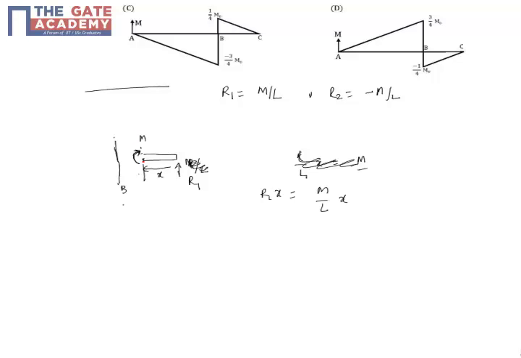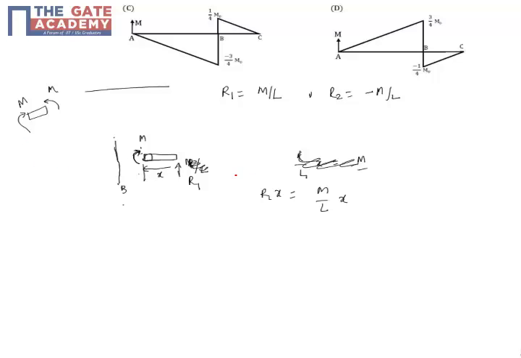So this will be clockwise, because R1 into X produces anticlockwise. So now this is a sagging moment. Sagging is something like a simply supported beam. This is called sagging when you have a bending moment like this at an element, and that is the case here.